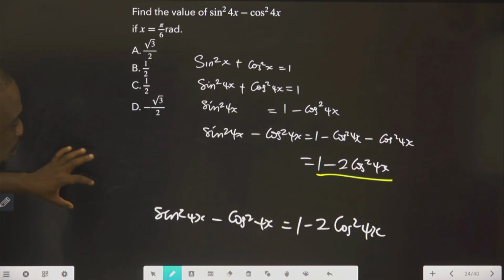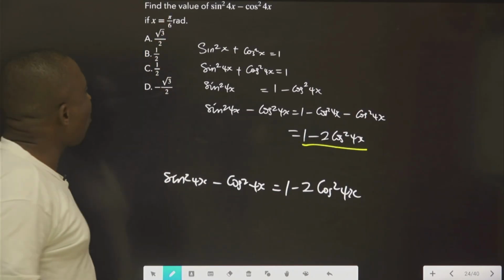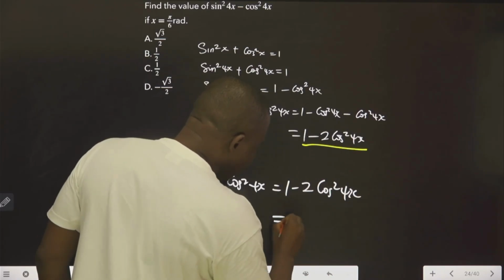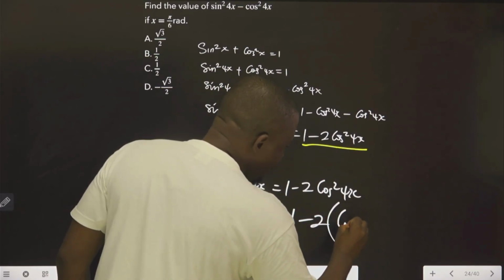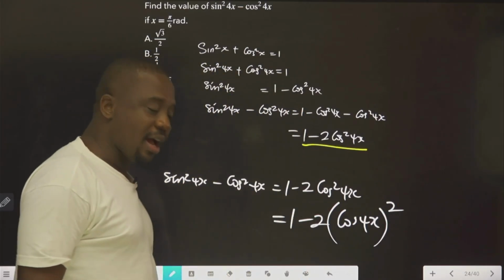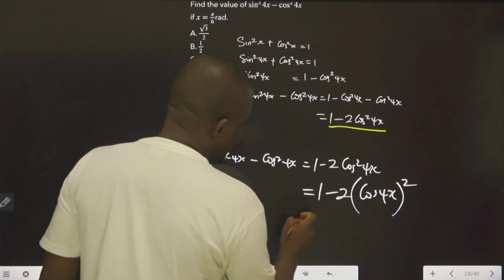Okay? What is x? S was given to us to be pi over 6 radians. But before that, there's something we can still do. We can simply say here is cos 4x raised to power 2. You agree? Yeah. She will agree because that is the meaning. Okay? Now, let's substitute.